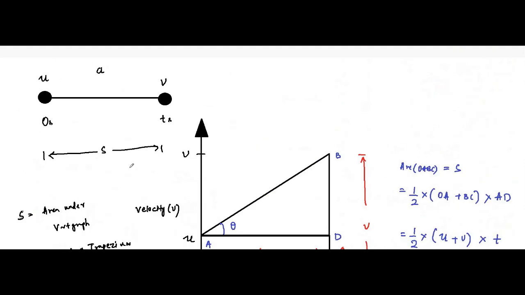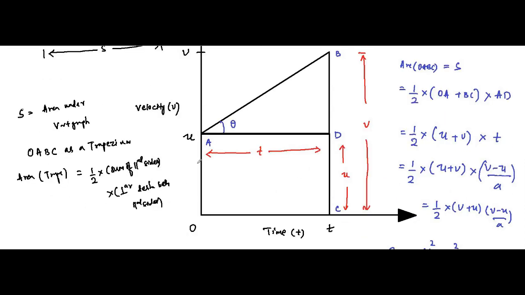So what is the difference here? Here we treated this velocity time graph as a trapezium. The formula for the area of trapezium is 1/2 into the sum of parallel sides into the perpendicular distance between them. Here the parallel sides are OA and BC. OA is equal to the initial velocity, BC is equal to the final velocity, AD is the time duration.